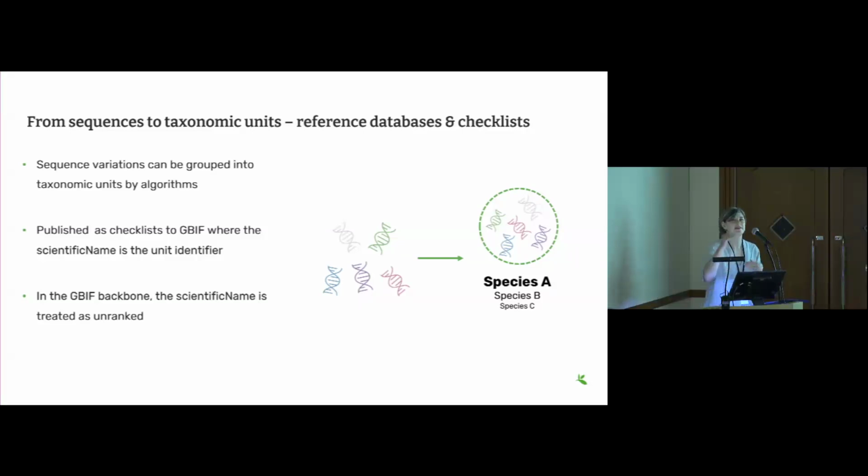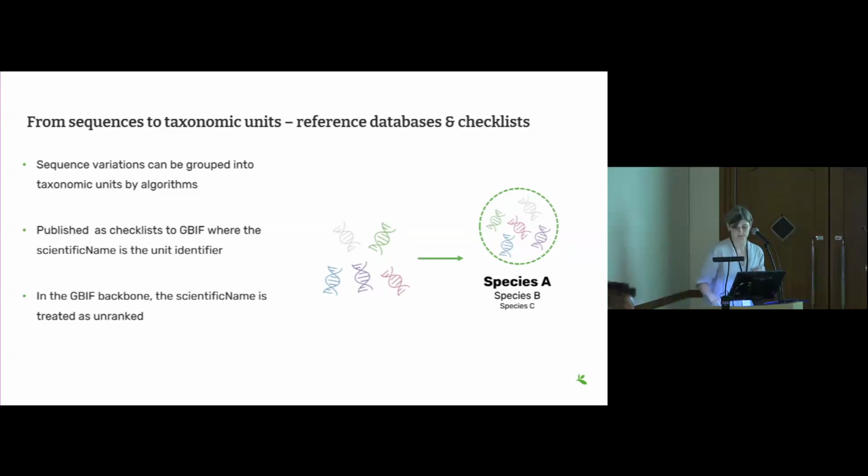But there's also a list of, this is species A, we believe this is species A because if you have 100 sequences, maybe 85 of them were reported to be the species, but some of those sequences can be reported under different names. So it's constantly changing. The algorithms are constantly making new hypotheses on what these sequences represent, which name they represent.